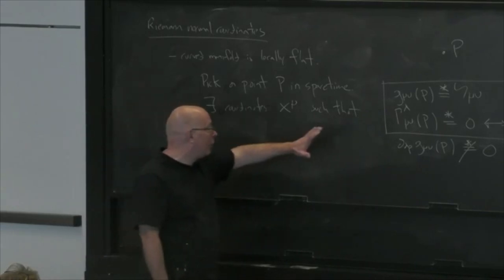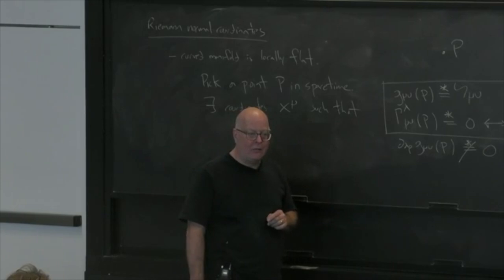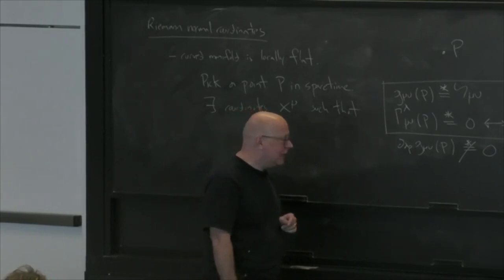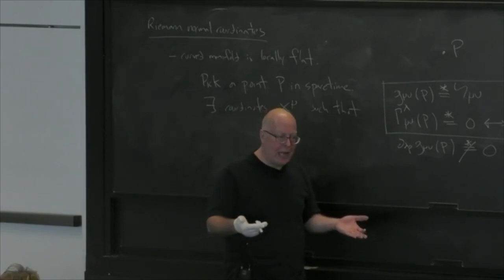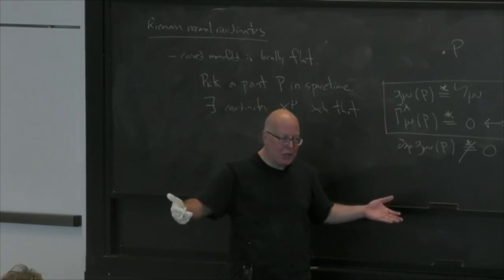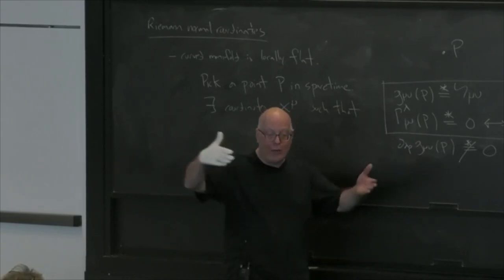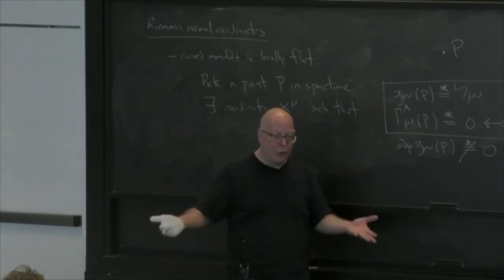But the point that I wanted to make, to go back to the theme of using coordinates to help yourself, is that there are lots of calculations that can get very laborious because you have to keep all sorts of Christoffel symbols in the calculation, so that in the end you combine them with partial derivatives in such a way that they give you covariant derivatives.